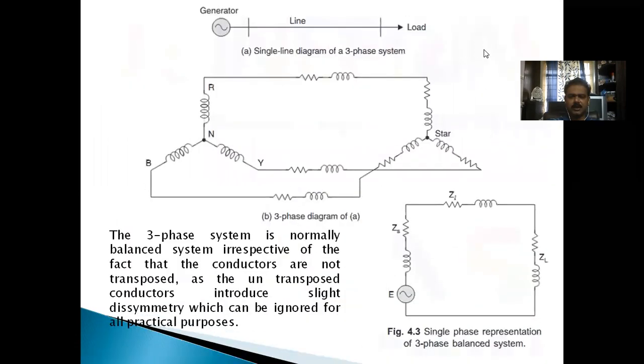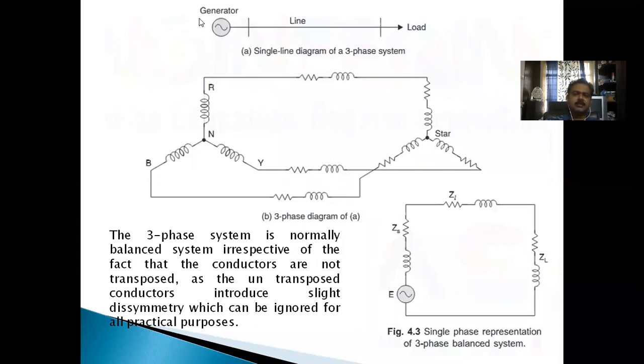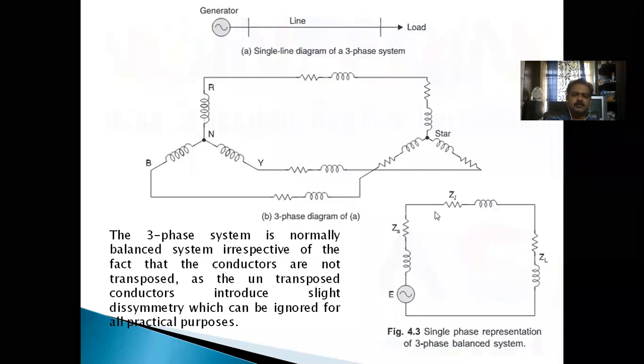So let us model the long transmission line. Now this is a representation of a transmission system. In a transmission system, there are generators, loads, and transmission lines.